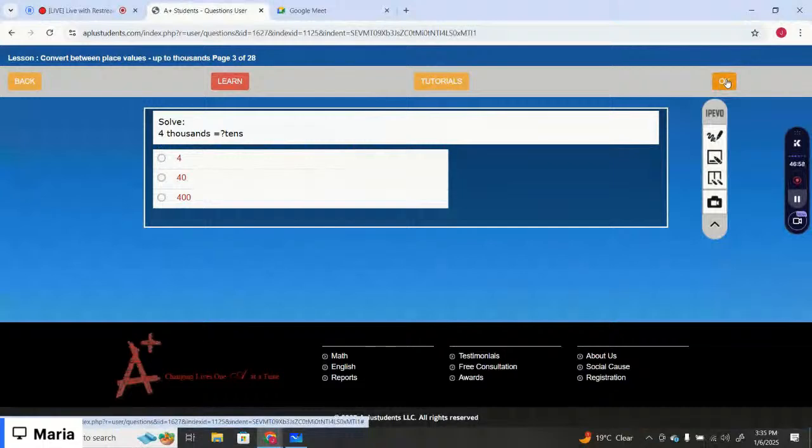Four thousands equals how many tens? In 1000, you have 100 tens, right? So then 4000 equals 400 tens.